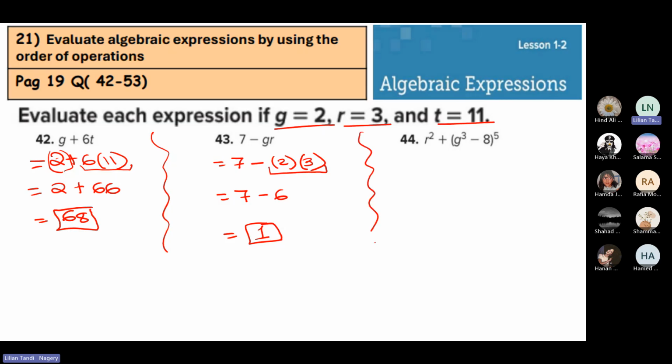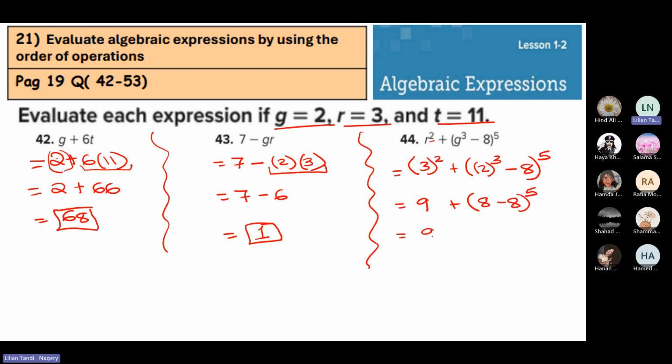Then here I do the same thing. R, which is 3, and I have to square it, plus parentheses for G. G is 2 cubed, minus 8, all of this to the 5th power. 3 squared becomes 9, plus 2 cubed becomes 8. 8 minus 8 to the 5th power.